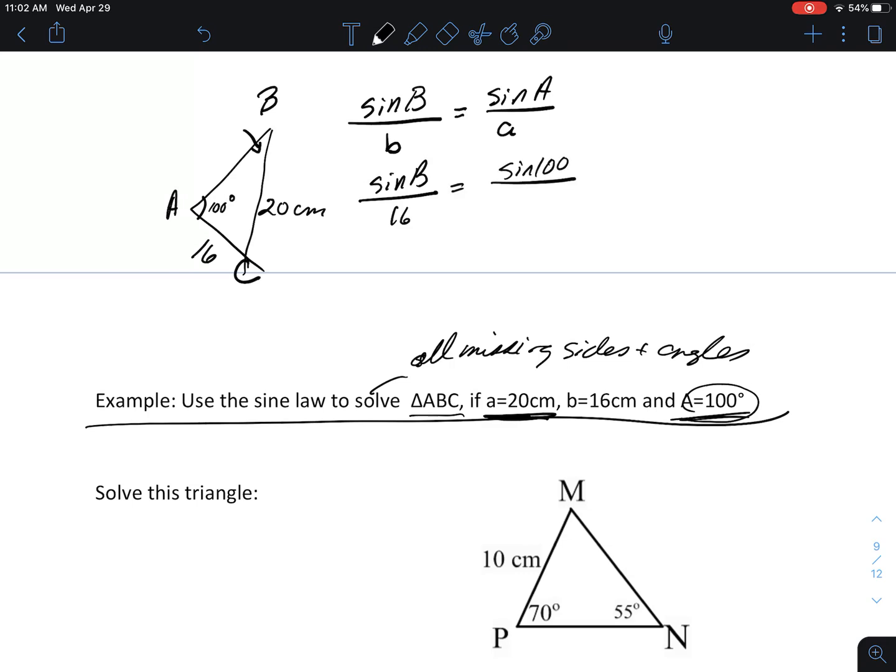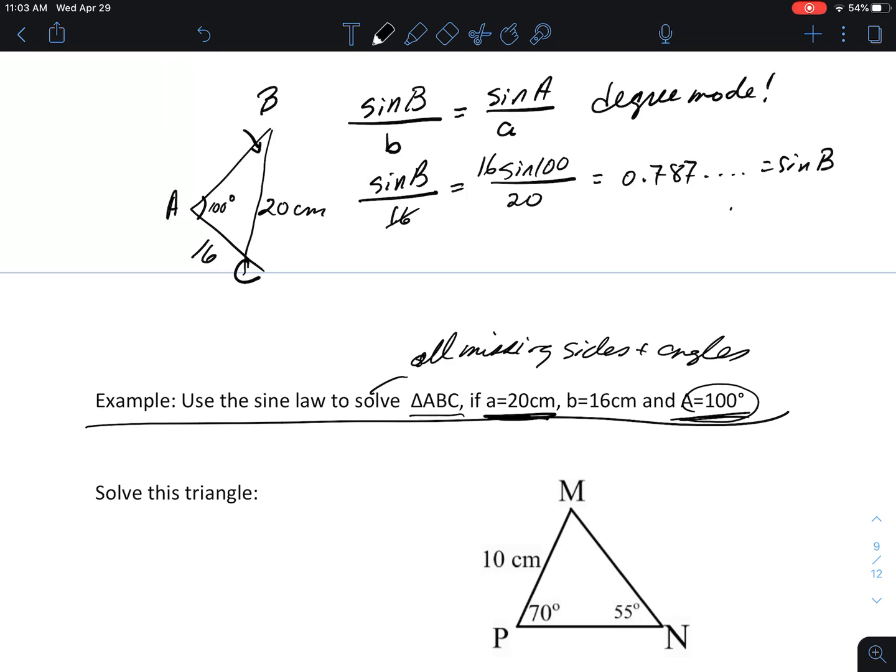So now I'm going to fill in what I know. Sine of B I don't know. Over B, which is 16, is sine 100 over 20. And now I'm going to multiply the 16 over here, and I'm going to type that out in my calculator. 16 sine 100, make sure you're in degree mode. Very important.